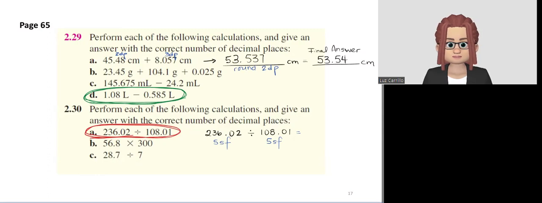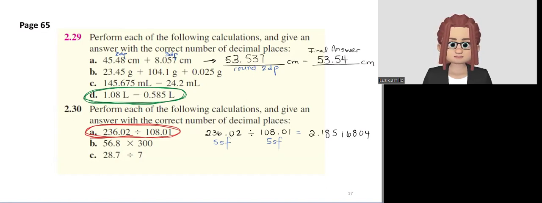The result that the calculator shows us is 2.18516804. Now, that is not our final answer.